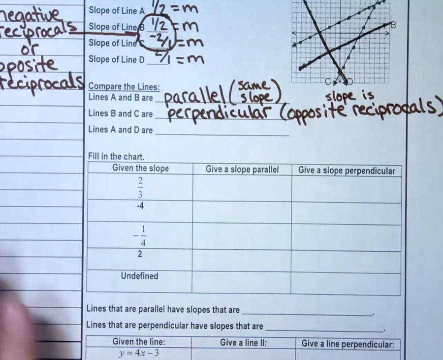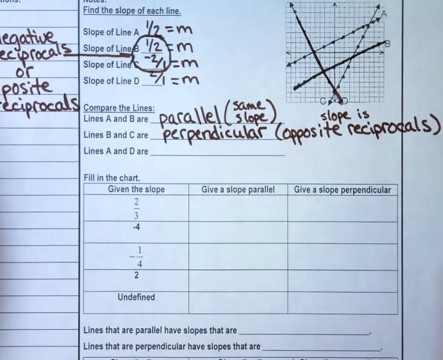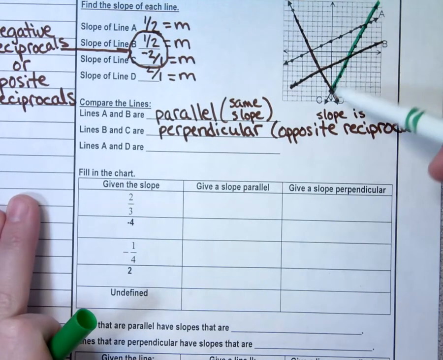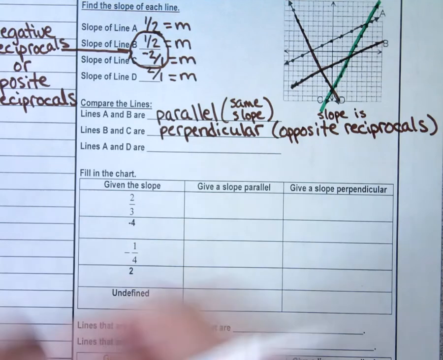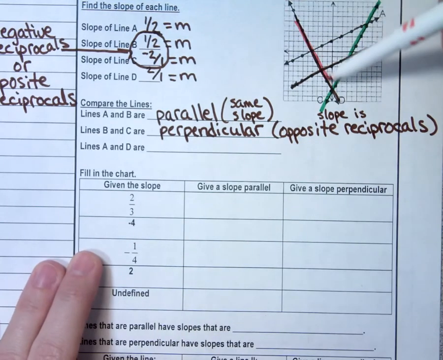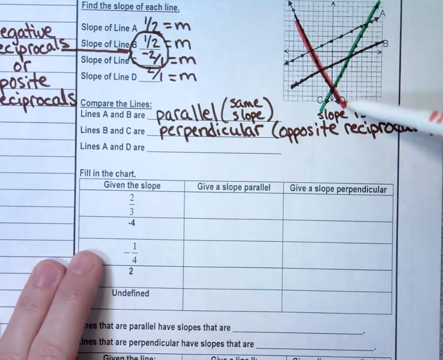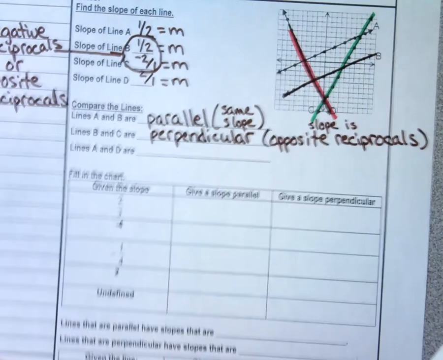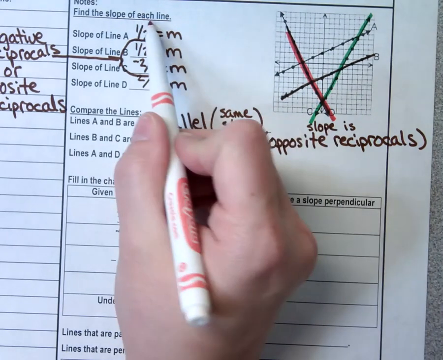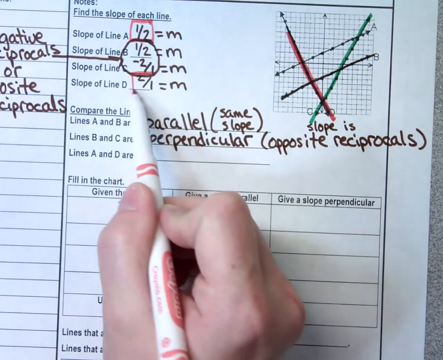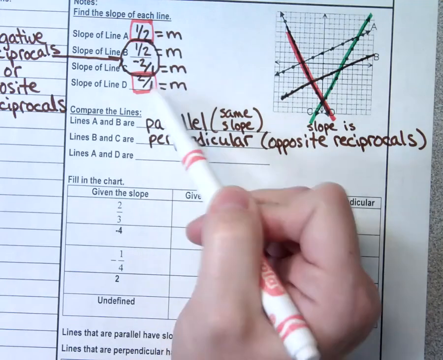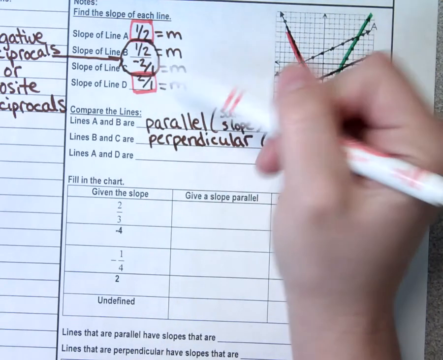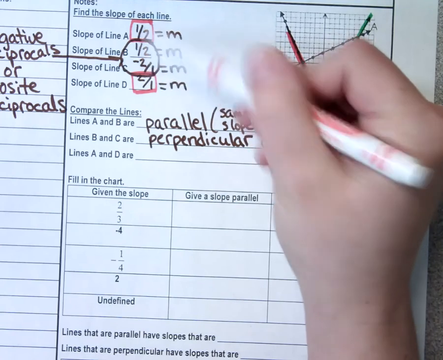Okay, now let's look at lines A and D. Line A is here, and line D is here. Do they look parallel? No. Do they look perpendicular? They intersect, but do these look like 90-degree angles? They don't look like 90-degree angles to me. Now, let's look at the slopes for a second. If I compare the slope of 1/2 to 2/1, these are reciprocals. If I flip 1/2 over, I do get 2/1, but are these numbers opposites?